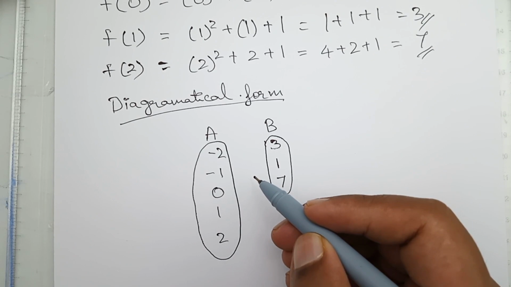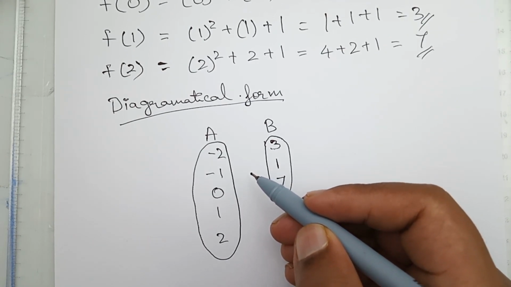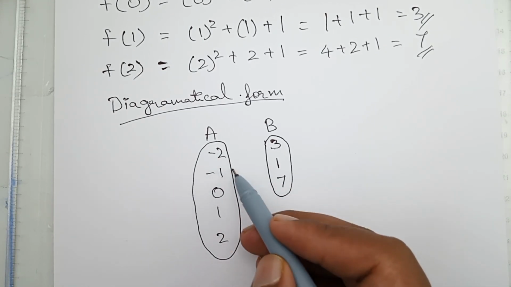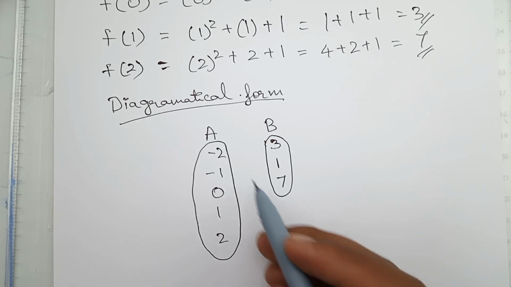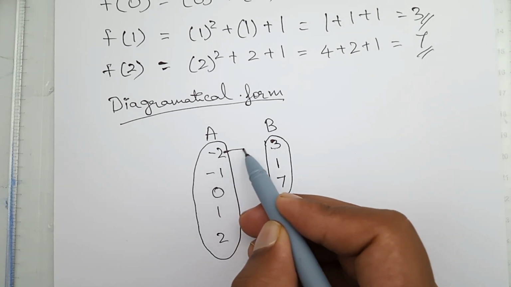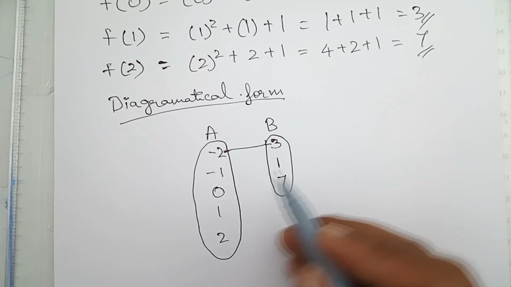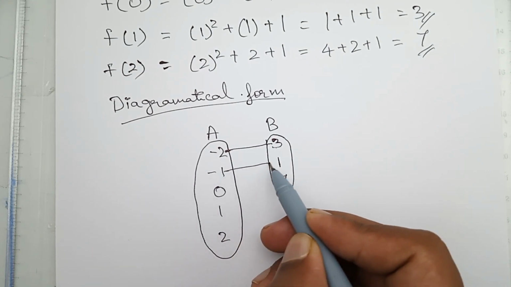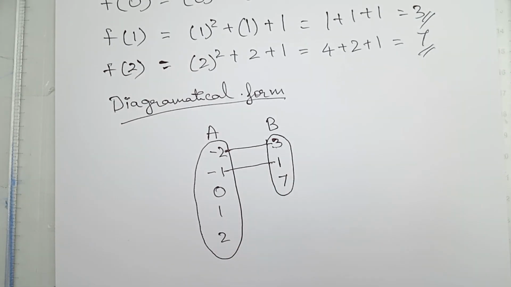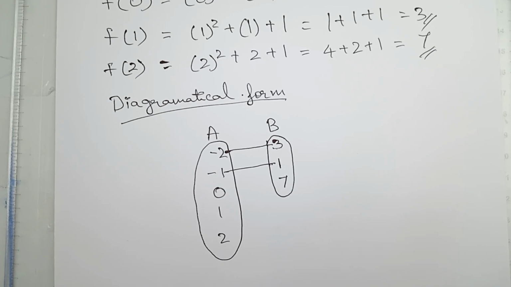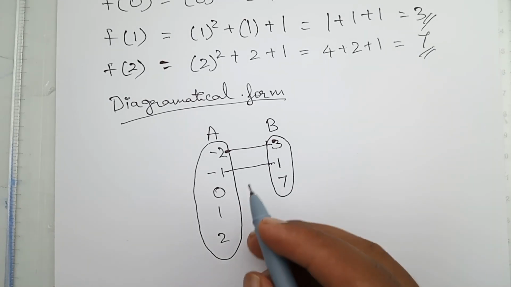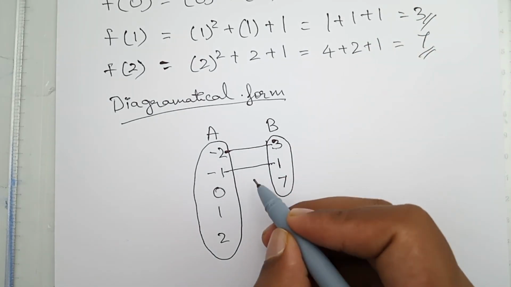Now I will represent it. For -2 it is 3. For -1 it is 1. Now for 0 it is again 1.